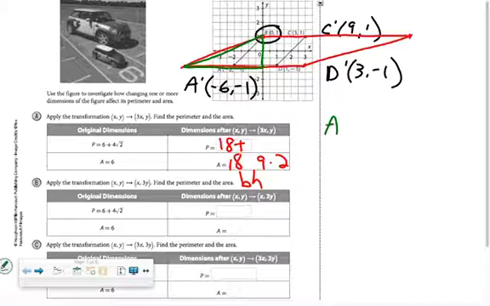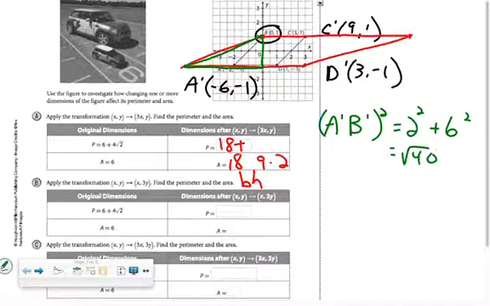A prime B prime squared would equal 2 squared plus 6 squared. So that would be the square root of 40, which would simplify to 2 radical 10. And since there's 2 of those, I would add 4 radical 10 to the 18 that I already had. Okay, so the perimeter just got really weird.